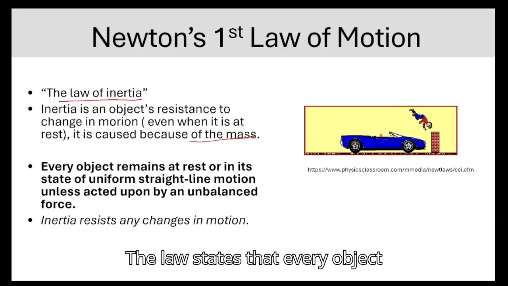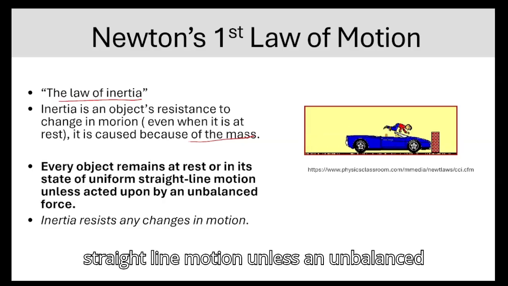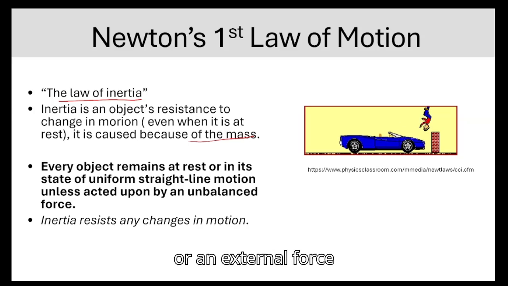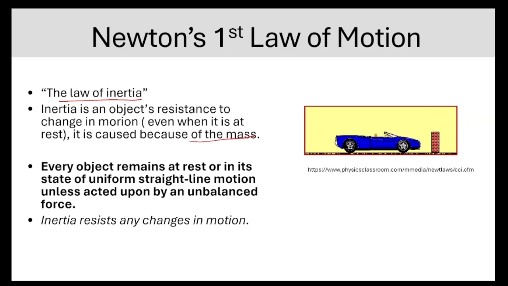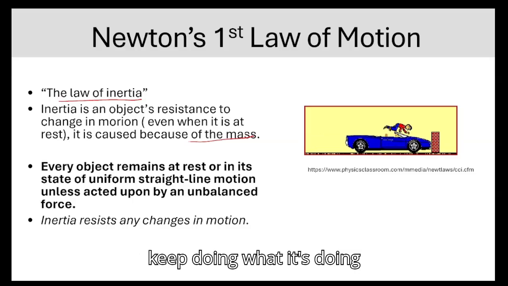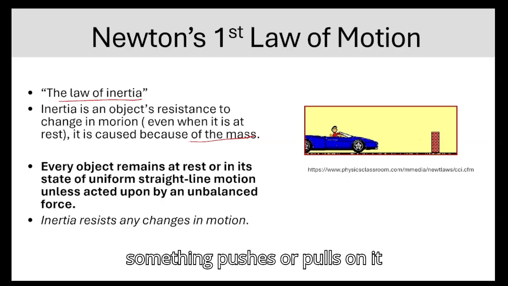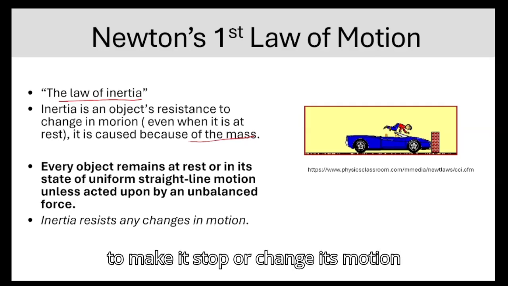The law states that every object will remain at rest or in uniform straight line motion unless an unbalanced or an external force acts upon it. Essentially, an object will keep doing what it's doing until something pushes or pulls on it to make it stop or change its motion.